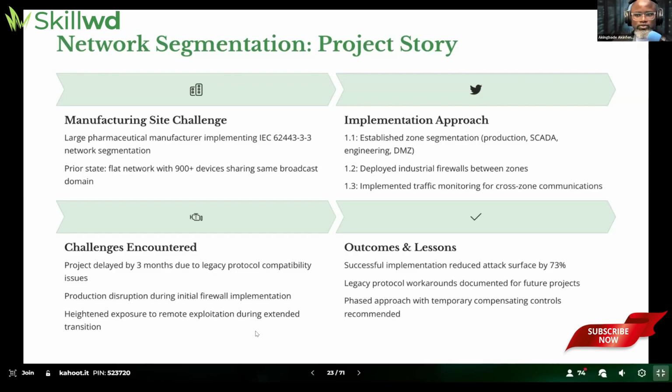Another big one is exposure to remote access. A lot of plants have service maintenance folks that would ping into the plant remotely. A lot of equipment comes from Europe, Germany, Sweden, maybe Ireland.